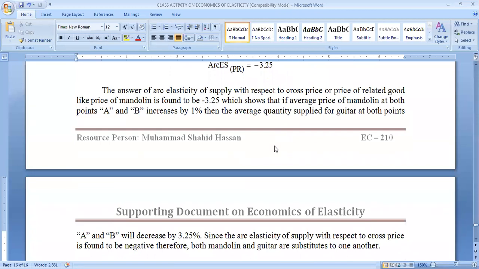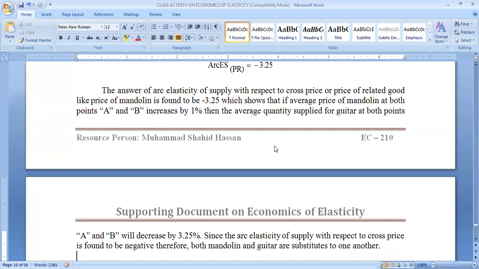As you can see, if the price of mandolin is increased, then the incentive to supply mandolin will also increase. That is why the quantity supply for mandolin will increase since its price has increased. But think about the suppliers of guitar, the people who were investing into the guitar industry.